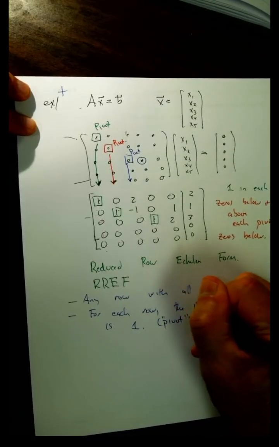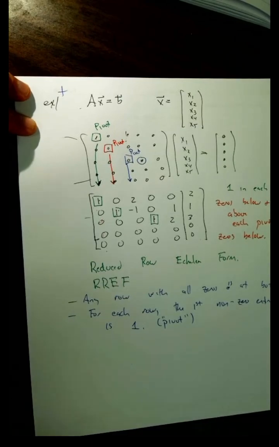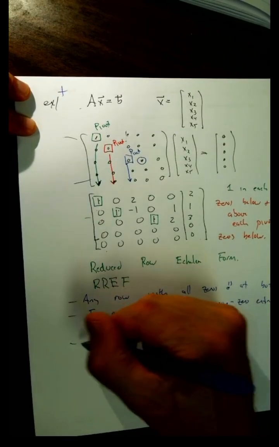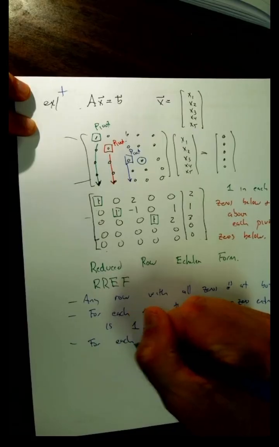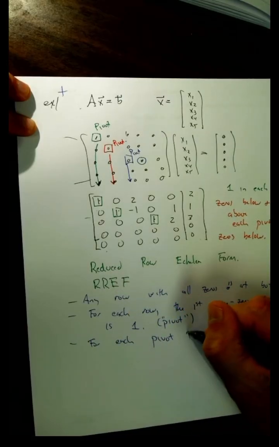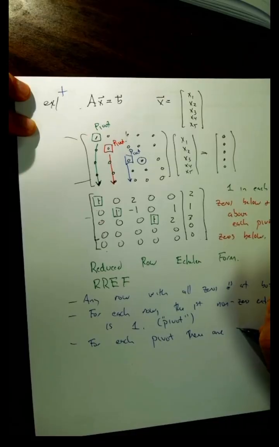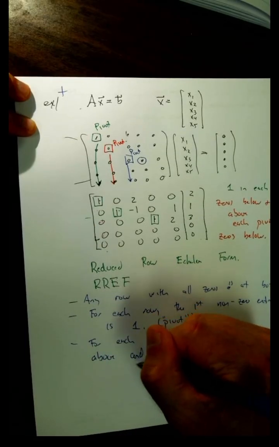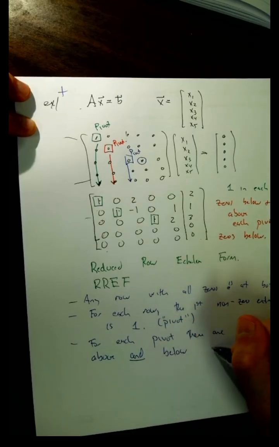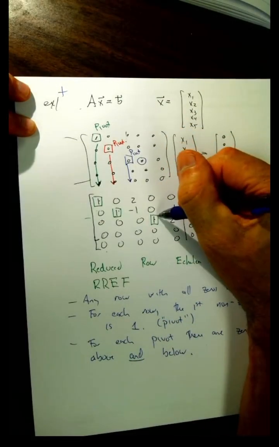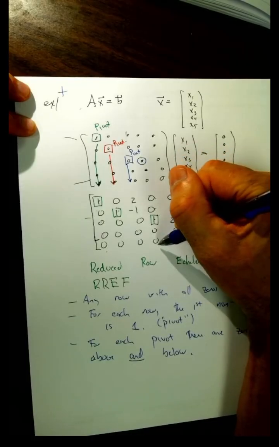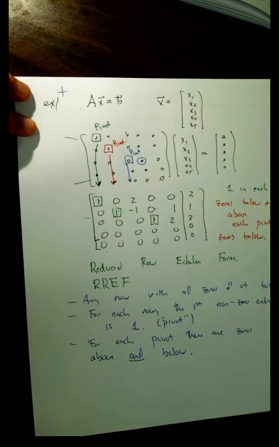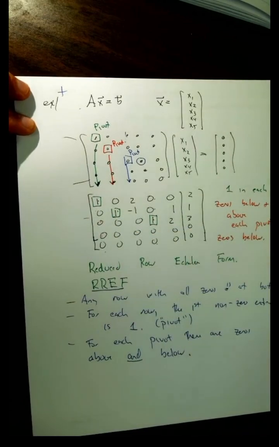And we're going to call that the pivot for that row. And for each pivot, there are zeros above and below. All right, so for each of these pivots, if I look at the rows above and the rows below, I have zeros everywhere.